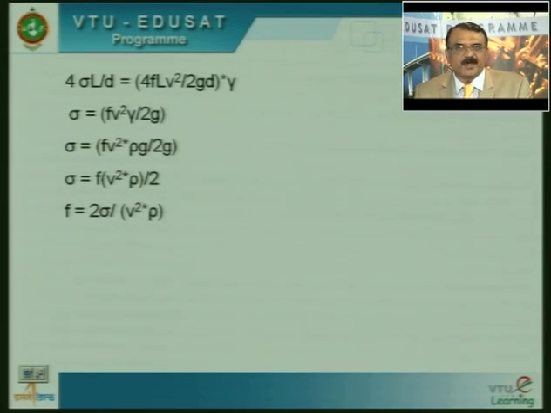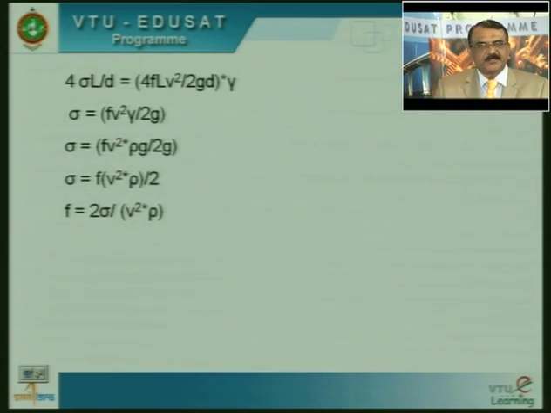This is how you are going to find the value of F. Once you find the value of F, the value of HF is given by 4f LV square divided by 2 GD, right. So that is the Darcy-Weisbach equation and how to find the value of F in terms of shear stress. I hope it is clear.